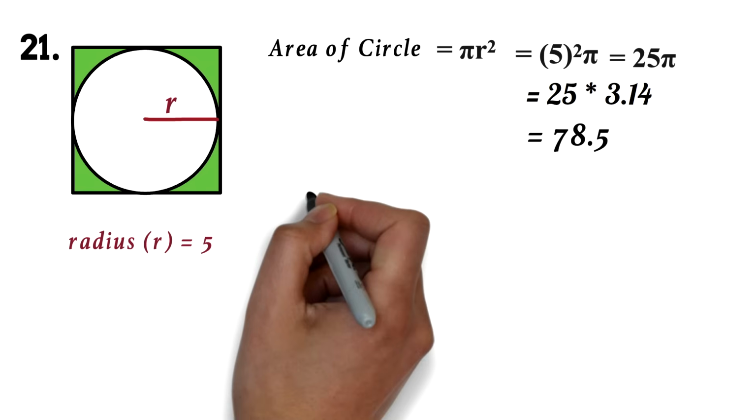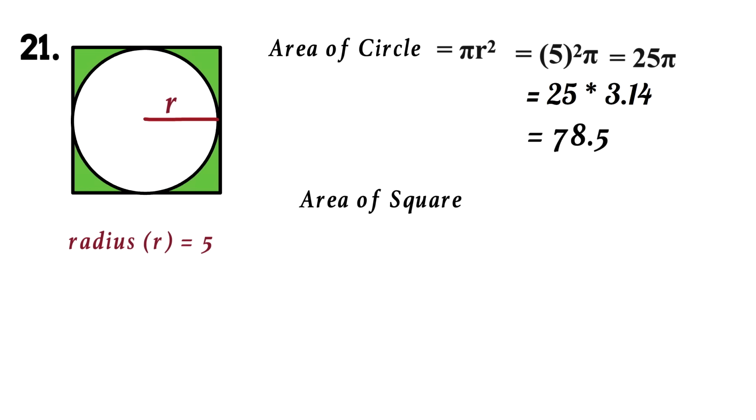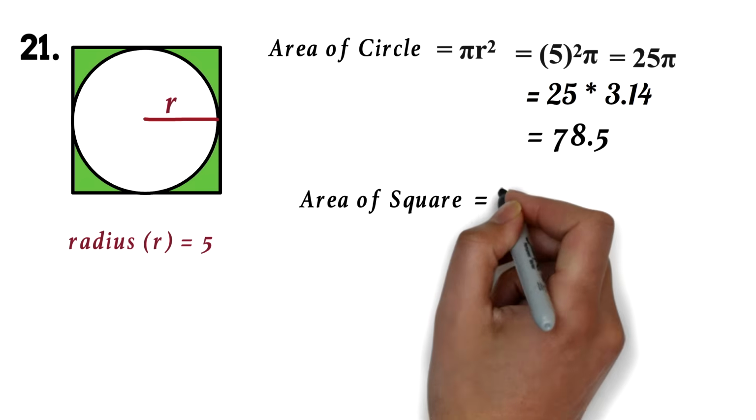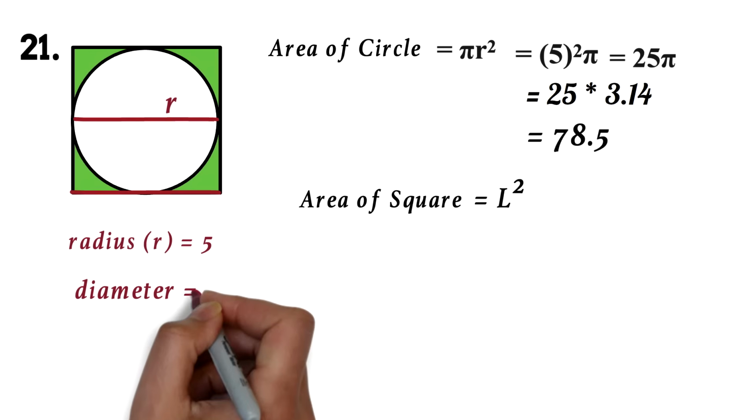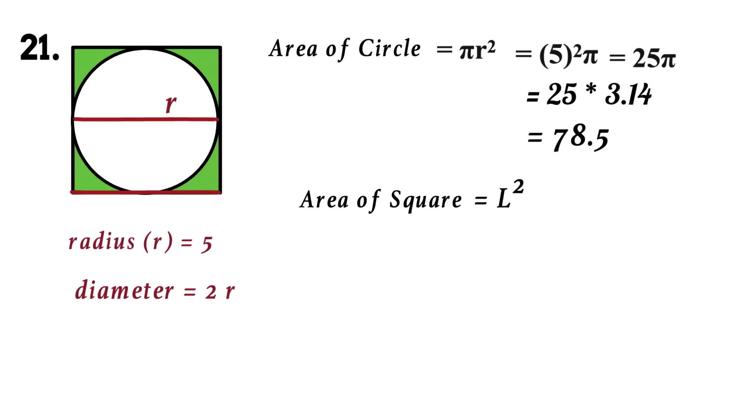Now, we find the area of the square. The area of the square is the length squared. We have not been given the length, but we can find it. Since this is the radius, if we extend it to touch the other side of the square, we will have the diameter. The length of the diameter will be the same as the length of the square. The diameter is 2 times radius, which is 2 times 5.